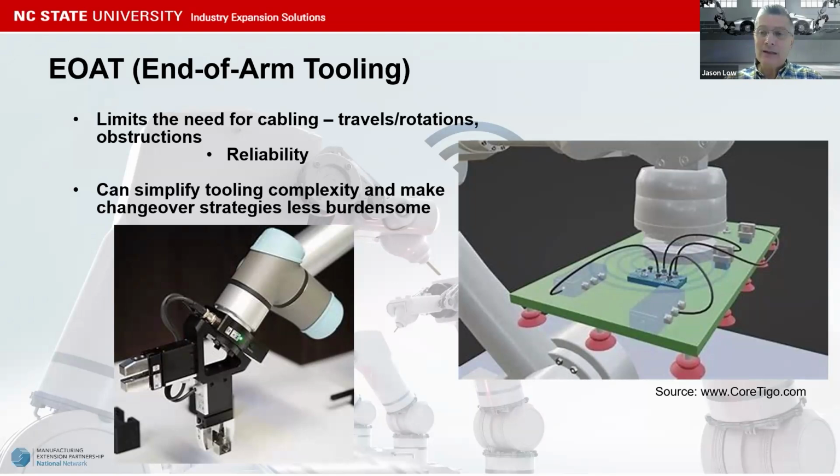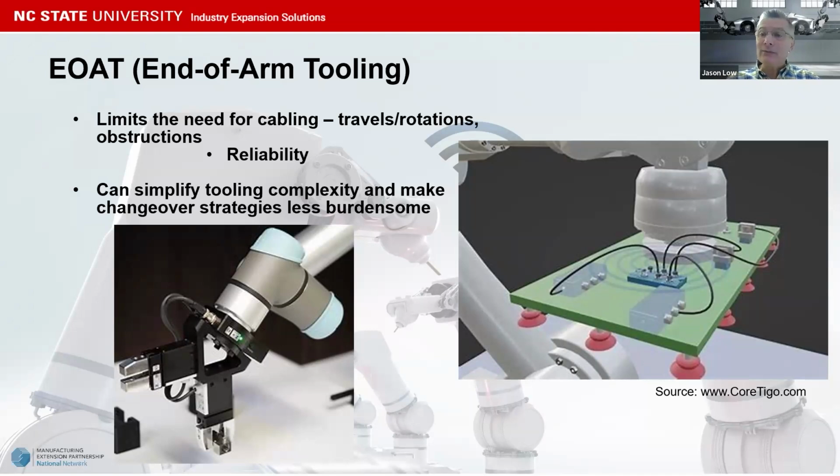If anybody has done anything with multi-axis robots, in particular articulated six-axis robots, they know very well that trying to get wires from the base of this six-axis robot to where it picks things up, its end effector, can be a cabling nightmare, and it sometimes restricts how you can move that robot.